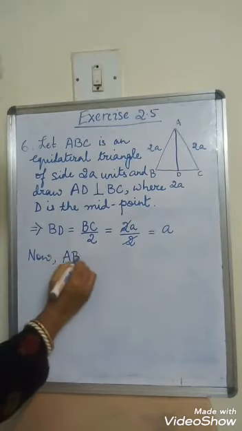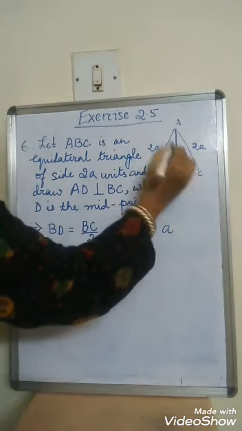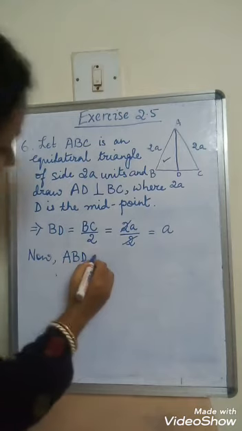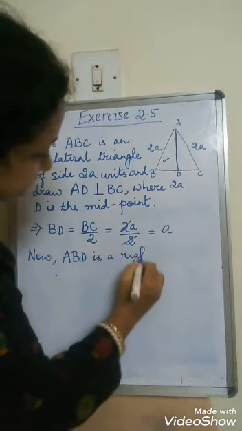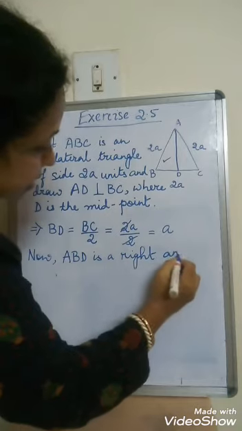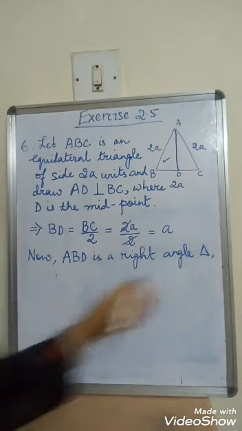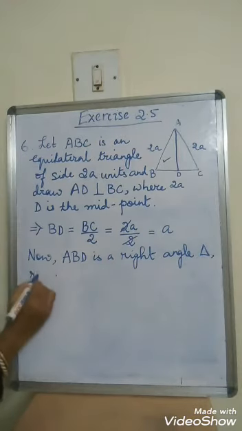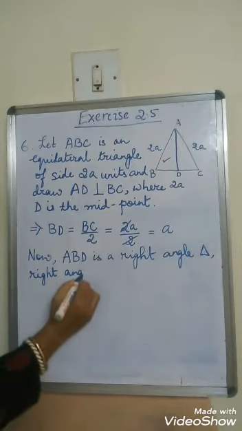Now next we are going to take triangle ABD. So A, B, D, we are taking this triangle. Okay, ABD is a right angle triangle and right angle at where?